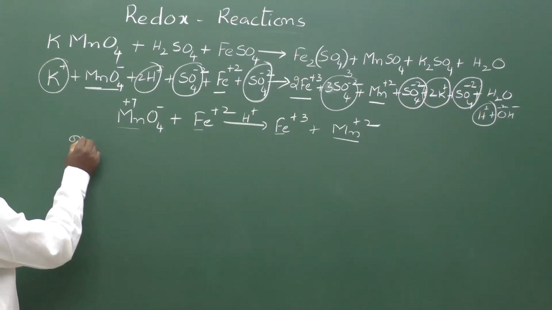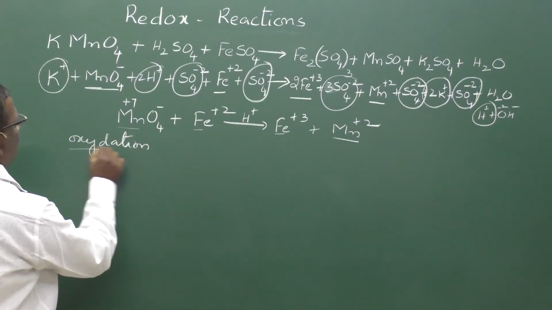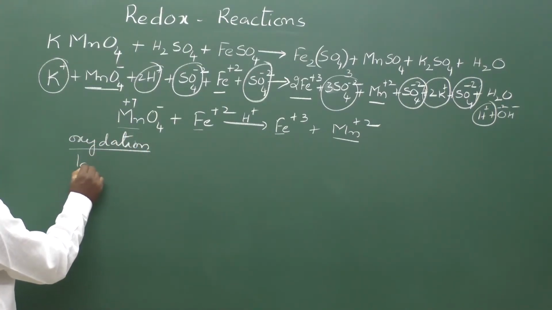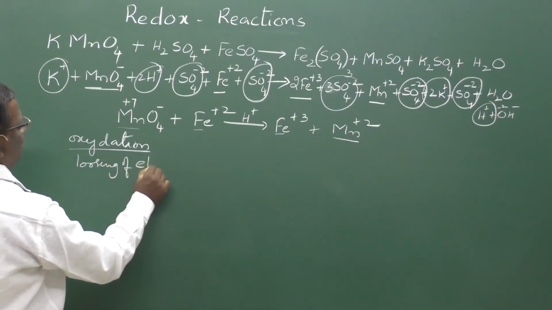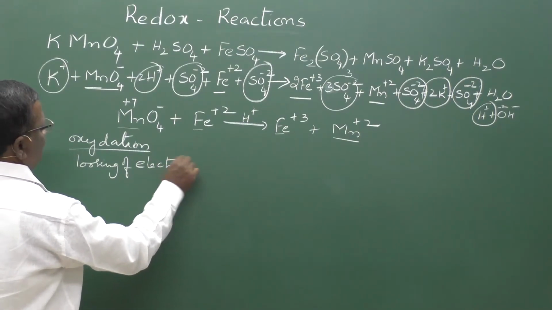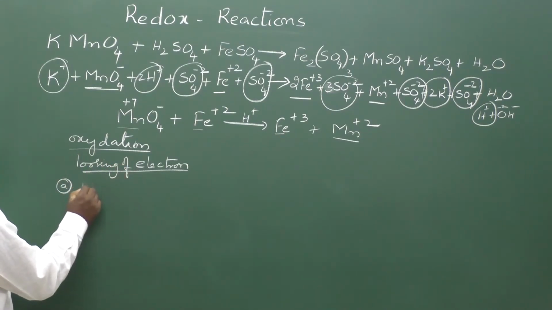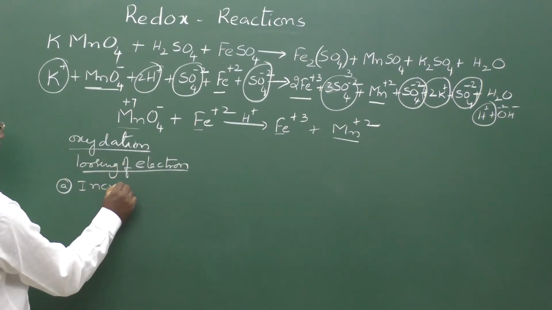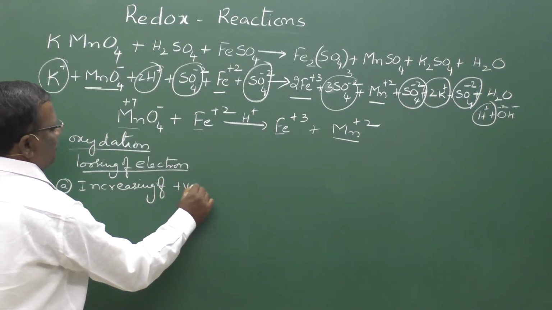Oxidation means losing of electrons. Losing of electrons is known as oxidation. It can be observed by increasing of positive charge.